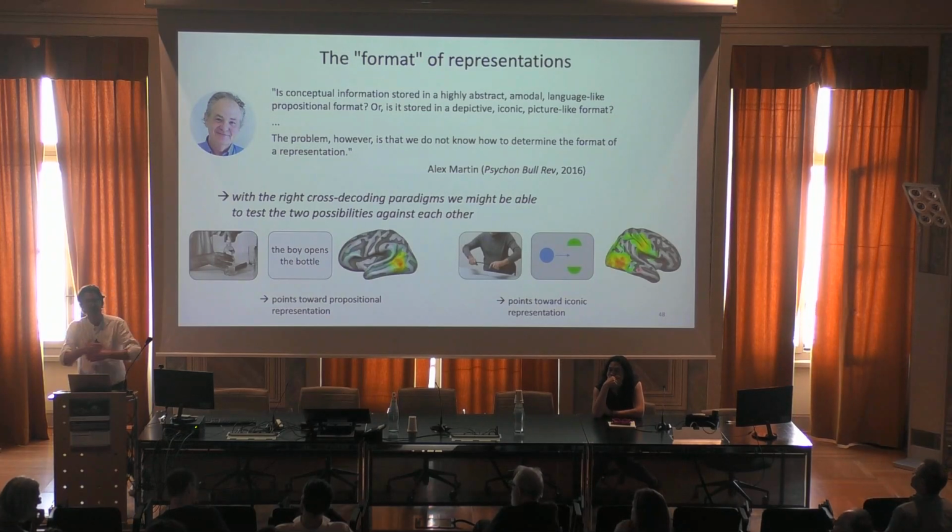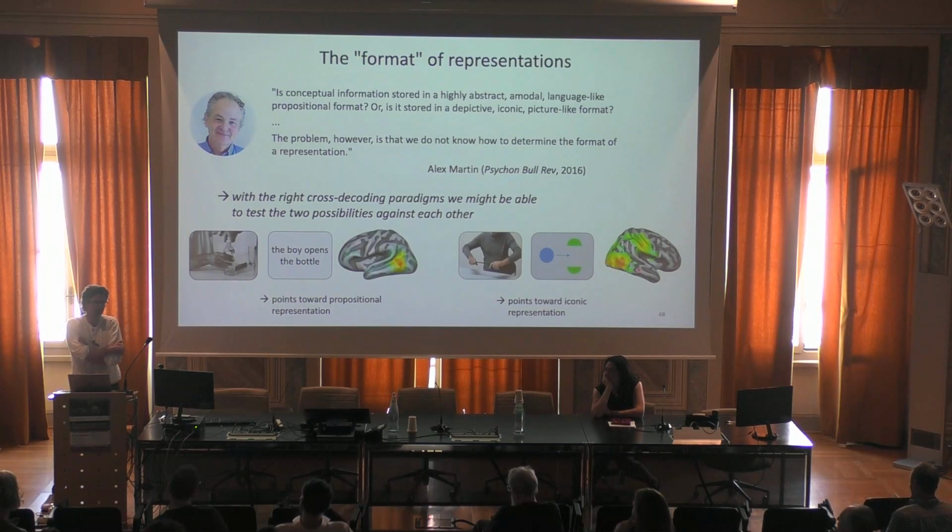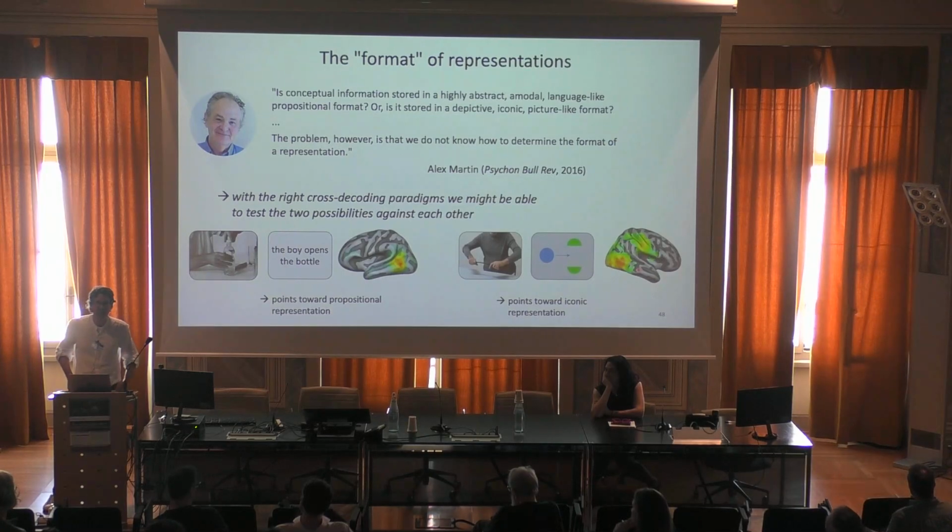But with this general framework of decoding, trying to isolate a specific type of representation can allow us to inform a more general model. A little bit like the idea that we then developed, that the left LOTC contains the pathway from more perceptual to conceptual representations. So I think on this level we might be able to make some conclusions.